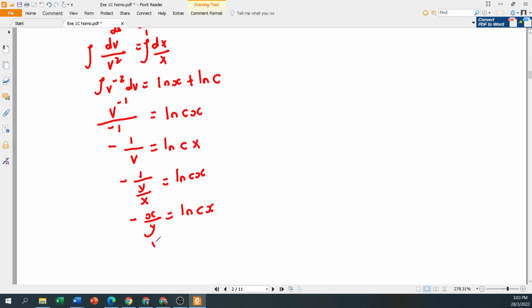So y equals, then you do cross multiplication. So y becomes negative x over ln cx. Check.